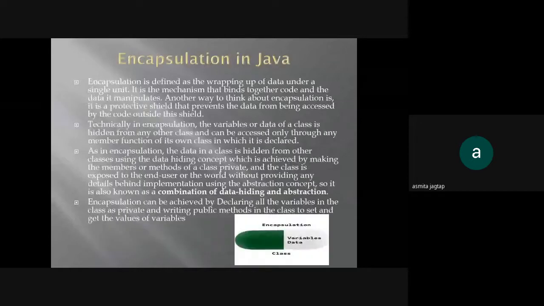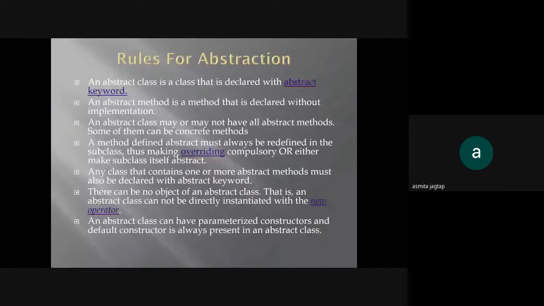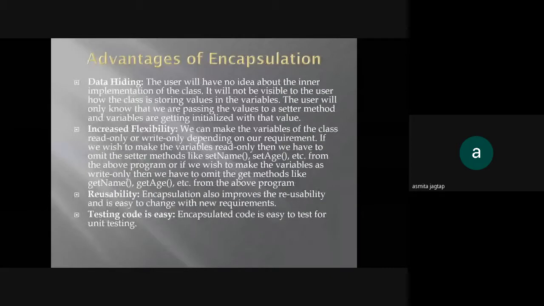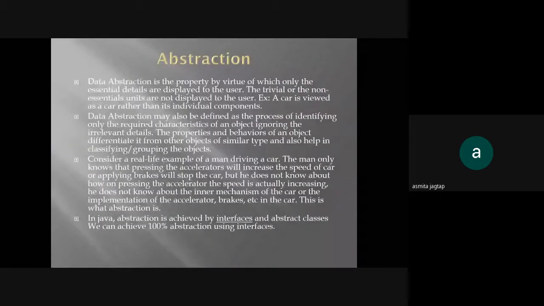Then encapsulation and abstraction, these two things. Binding code and data together as a single unit is called encapsulation. And abstraction is where only the essential data needs to be displayed.